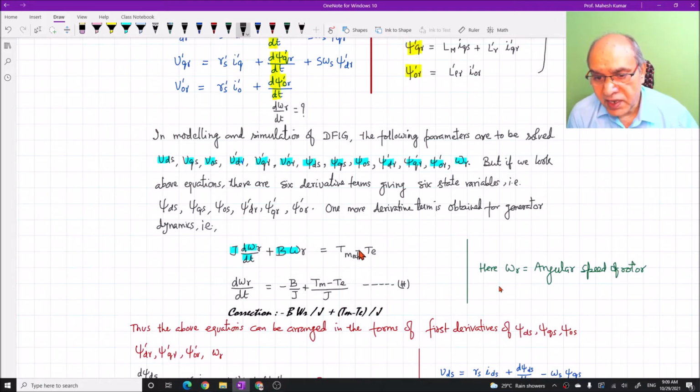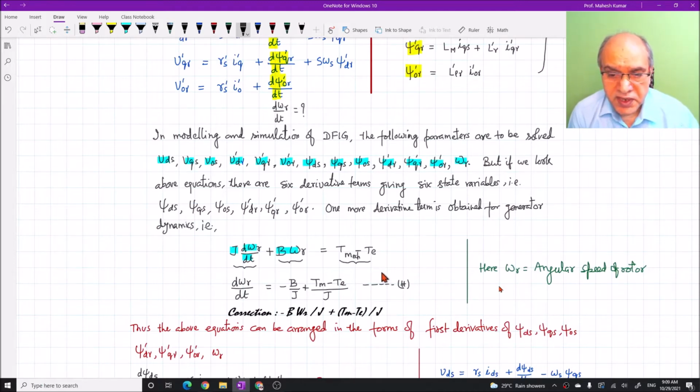So T mechanical minus T electromagnetic torque, where omega r is the angular speed of the rotor. This is the inertial torque, this comes from the frictional coefficient B, and this is the difference of the torque applied to the generator and the output of the generator in terms of the electromagnetic torque.